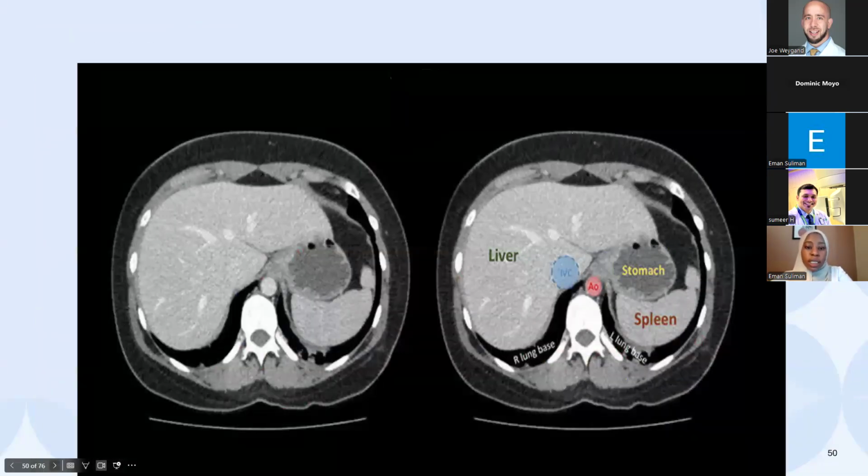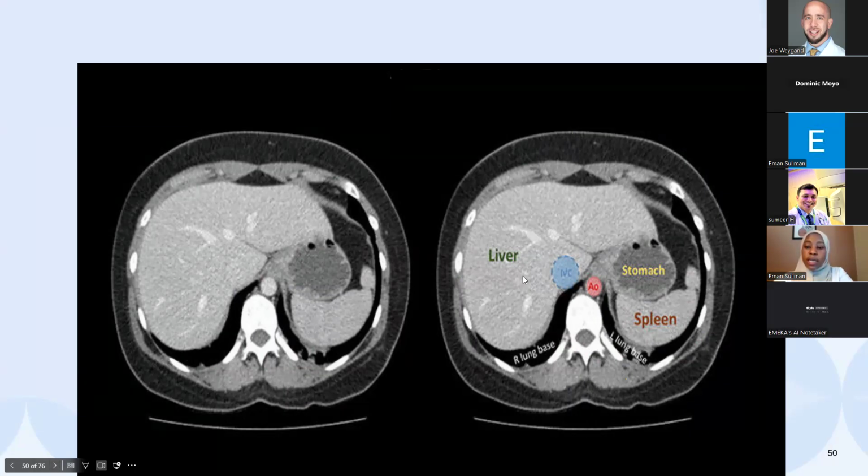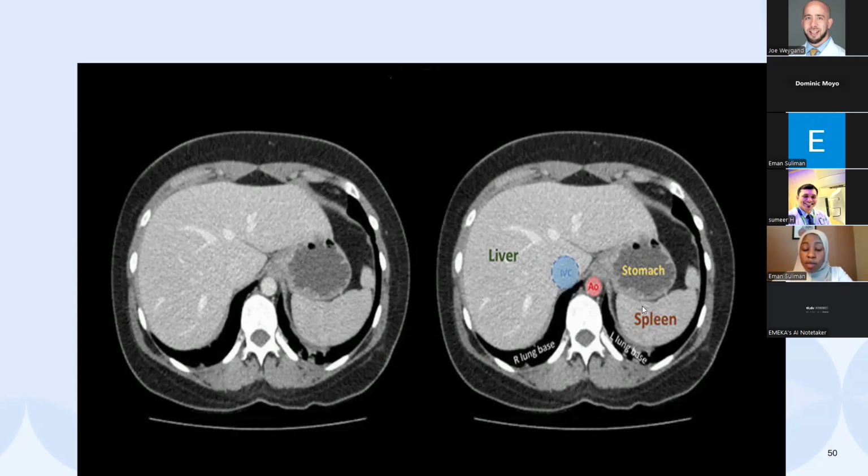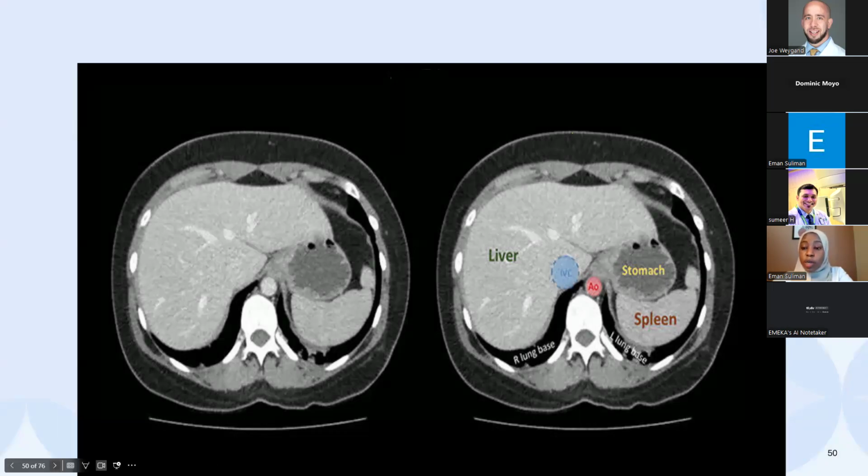Okay, so on this CT, we will try to go from up to down in the abdomen. At this level, we could see the liver, the stomach, and the spleen. So I believe this level is the T12 level, because the kidneys are not yet shown, and they start at the level of L1.